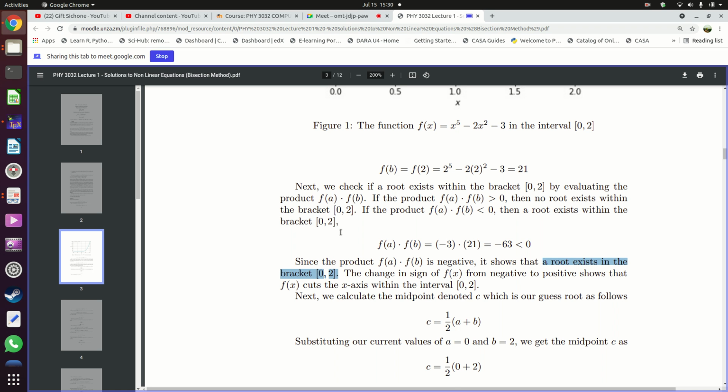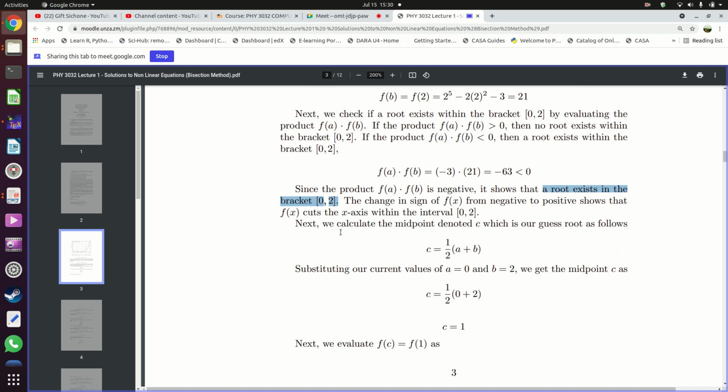Yes. If there is a root existing in an interval, then the next thing we need to do with bisection is try to find a guess root. So we guess what the root is. And how do we guess what the root is? We work out something called a midpoint, C. And how do we get the midpoint?